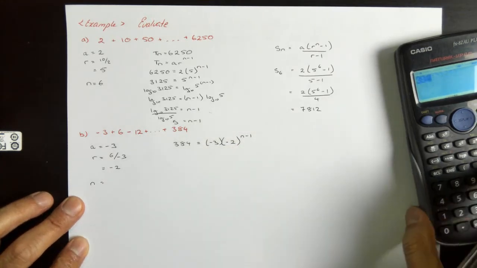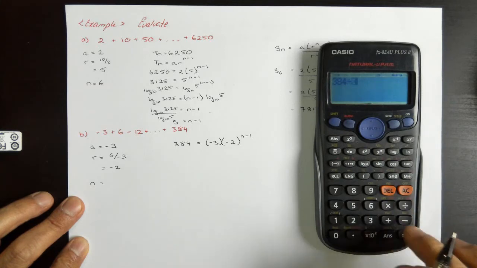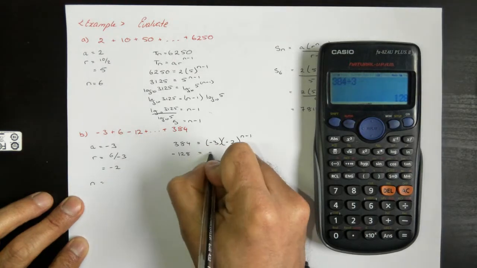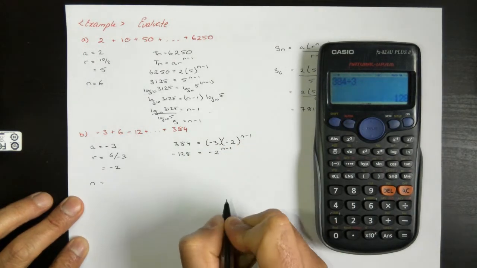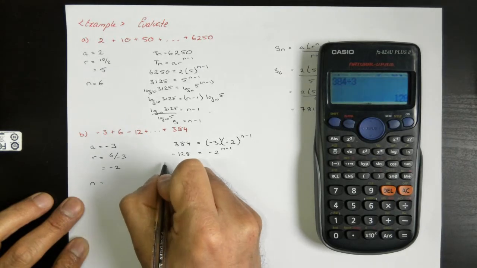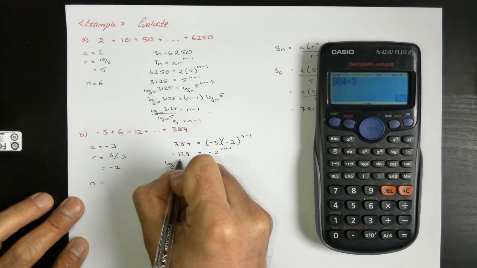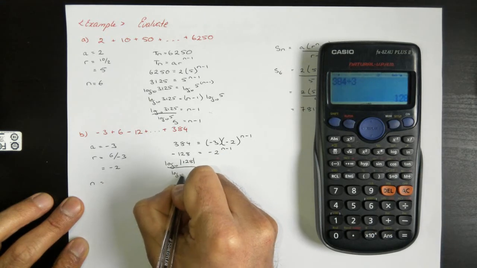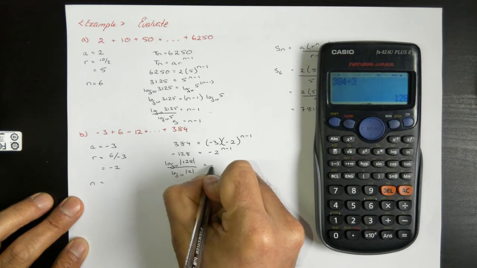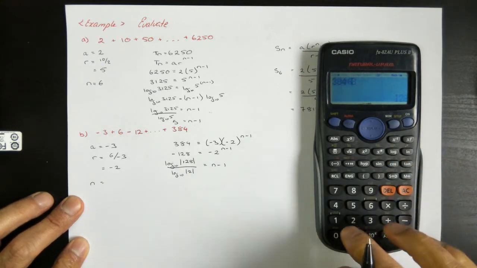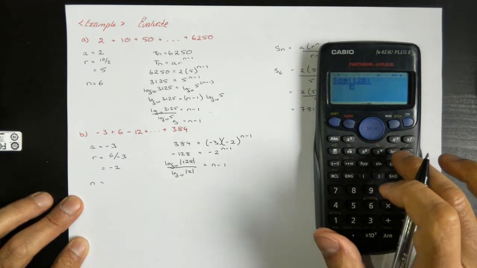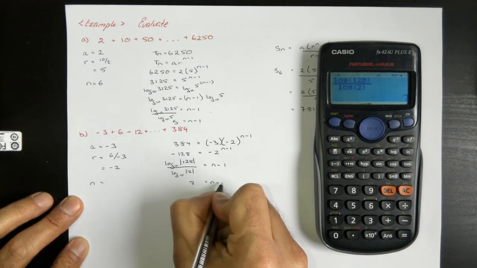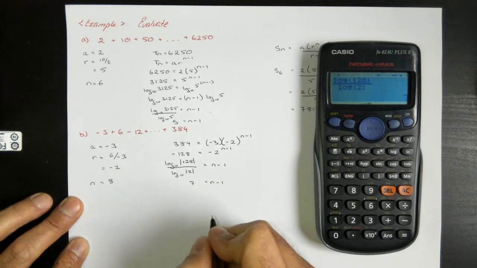So 384 divided by negative 3 is negative 128. I'm going to use my log rules. So the log of absolute 128 divided by the absolute of 2 is equal to n minus 1. So log 128 over log 2 equals 7. So in this situation, n is equal to 8.